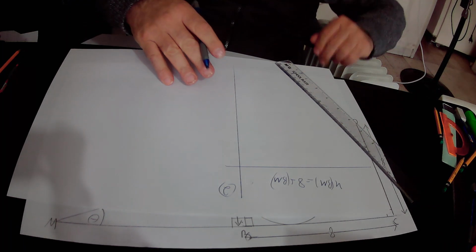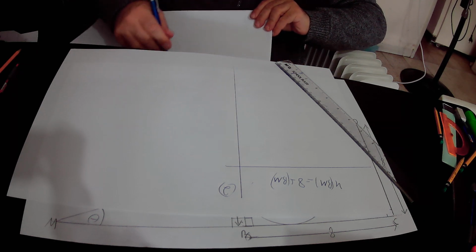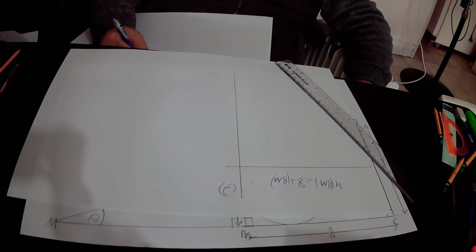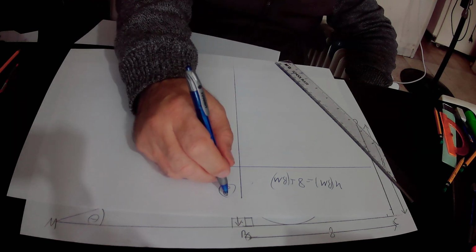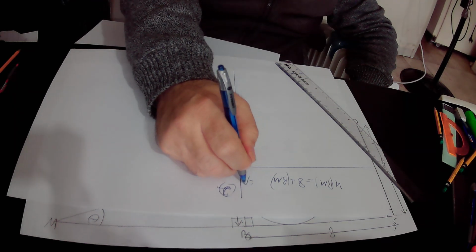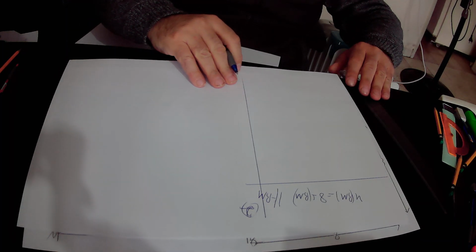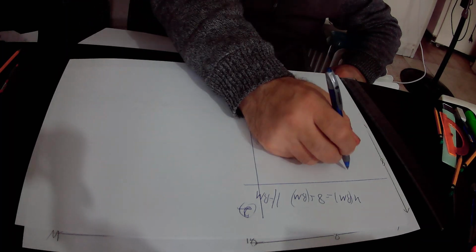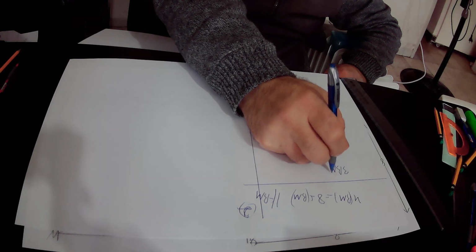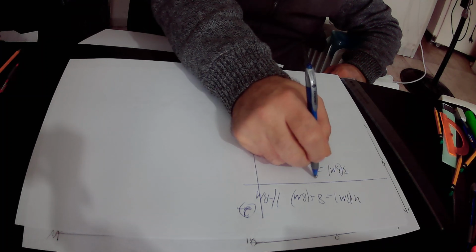Here we'll subtract BM from this equation, and we'll get that 4 times BM minus BM is 3 times BM, that equals 8.